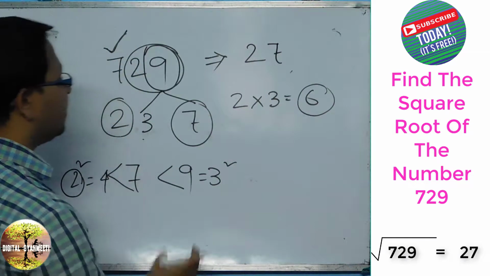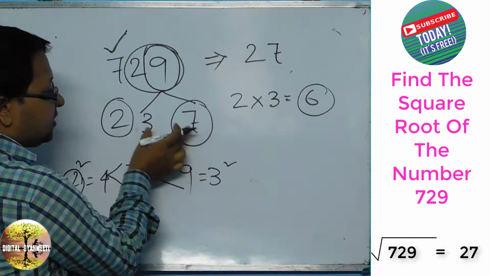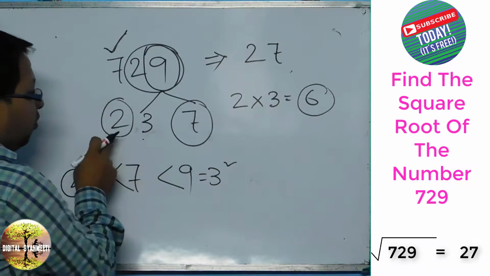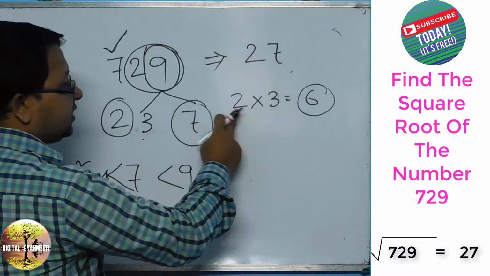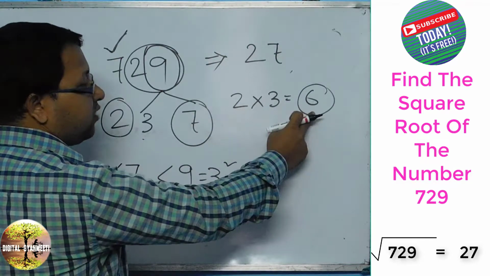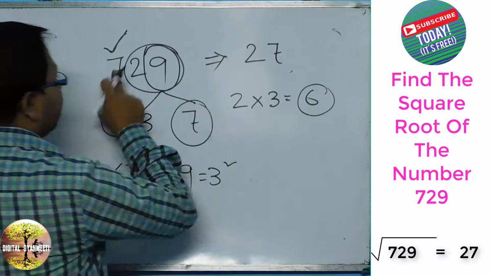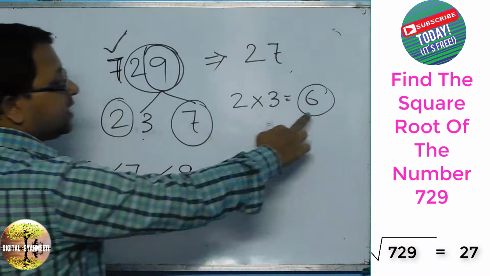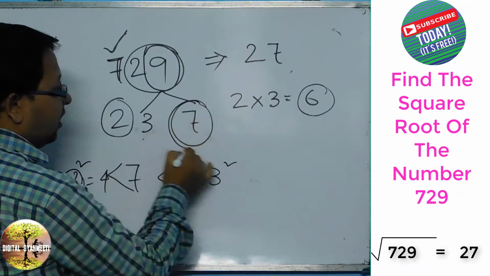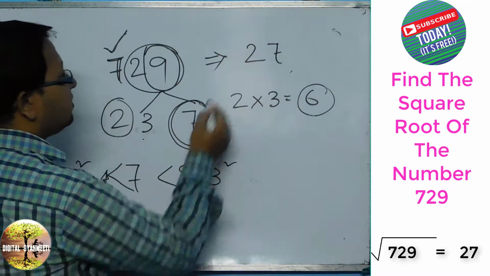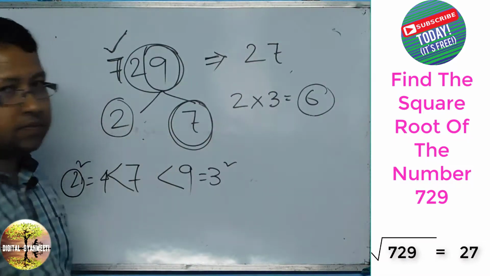Again, for choosing which number we write in this place, 3 or 7, we multiply this number with the next digit, that is 2 into 3, and we get 6, and 7 is greater than 6, so we choose the larger number, and for this the root is 27.